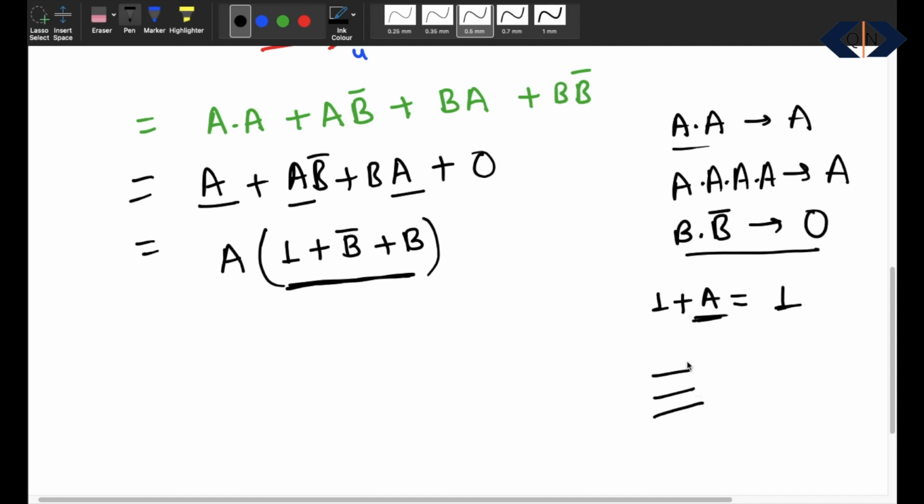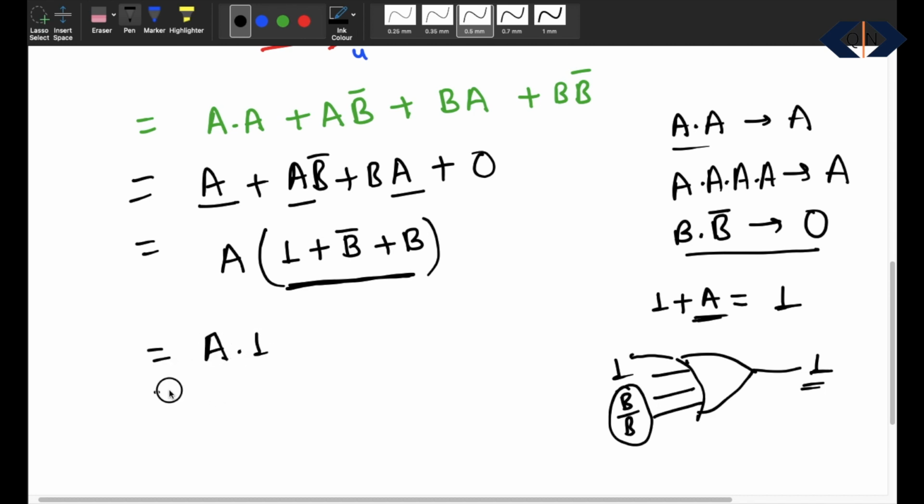Suppose these are three inputs which are connected to an OR gate, and if this is B and this is B bar, and if this is 1, then 1 will always be nullifying these two and our resultant output will always be 1. So from here we can say that a into 1 will be equivalent to a.